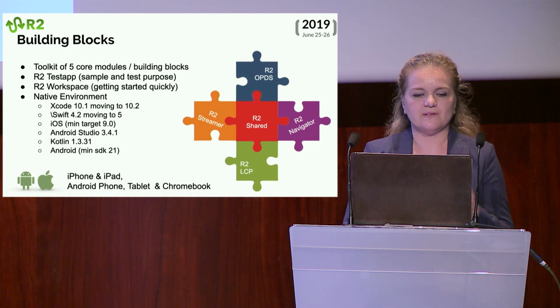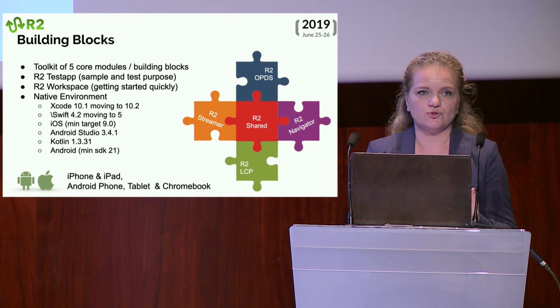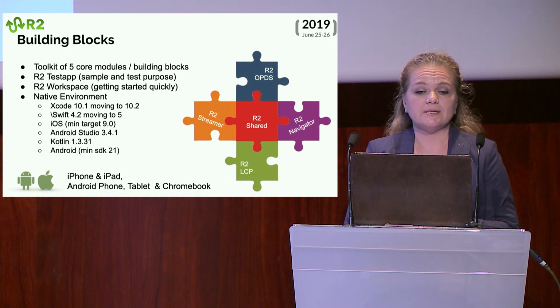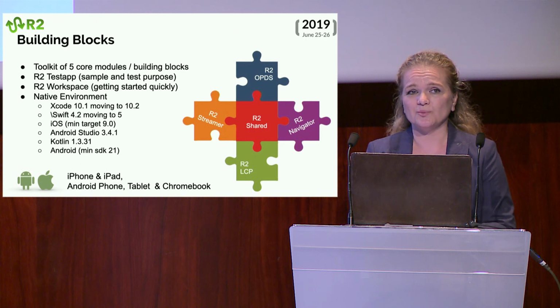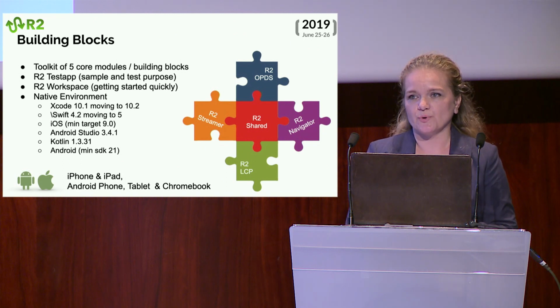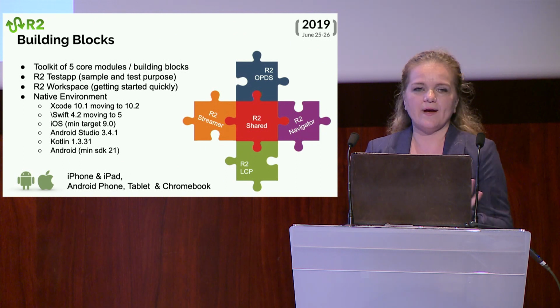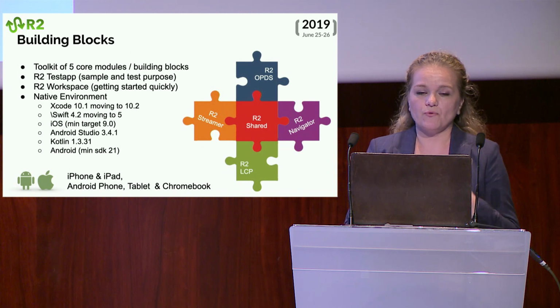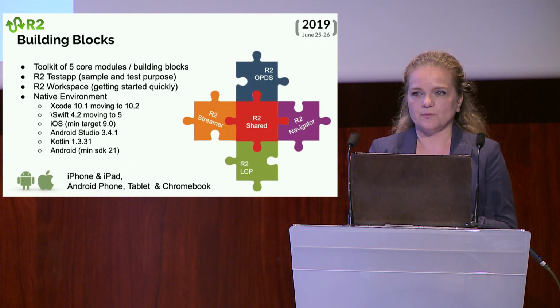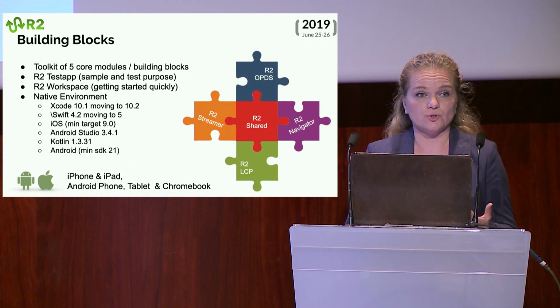Another topic in the building blocks or toolkit: we have the R2 test apps, which are basically sample applications, sample implementations, for test purposes. For those of you that were in Berlin last year, we mentioned that it's not supposed to be the end user app, and so we're showing all the features in a way where you can see what you can implement in yours.